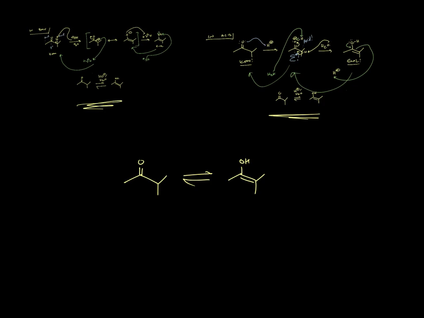So the only thing to consider is which one is more stable. Well, what we have found experimentally is that the one that is more stable is this guy right here. So in general, anytime you make a ketone or an aldehyde, it tends to turn into, on its own, an enol.